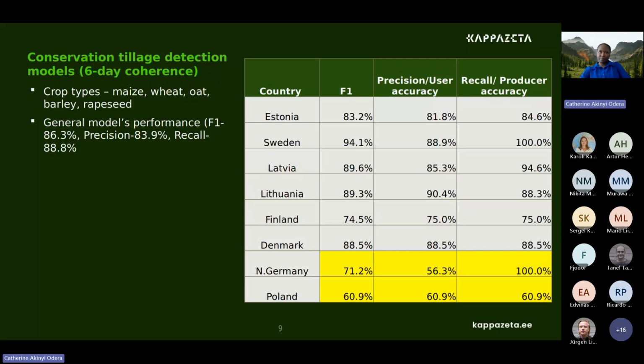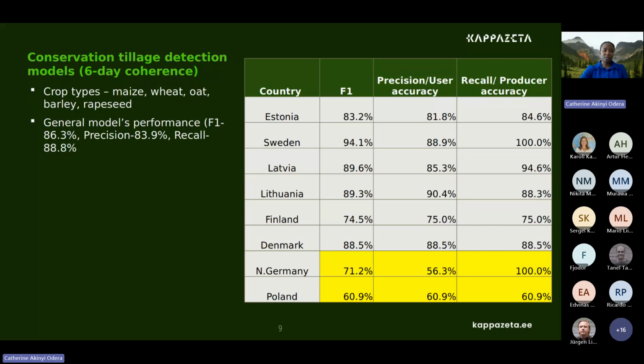So if we direct your attention to the results table, you would see that the model performed really well in Sweden as compared to the other countries. And you can see that I have these two rows highlighted in yellow.